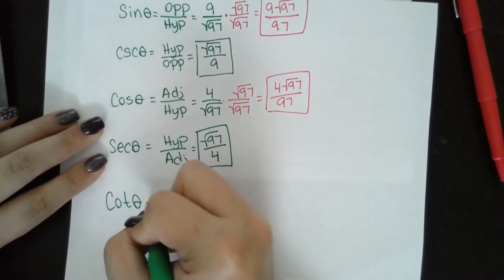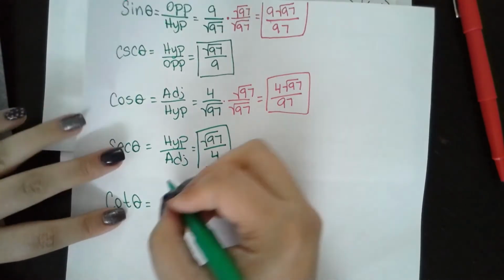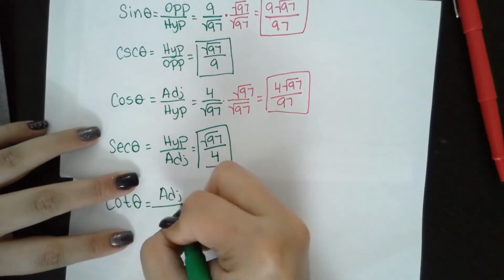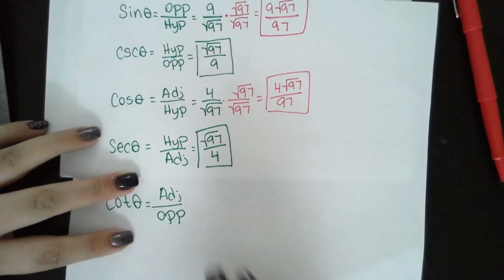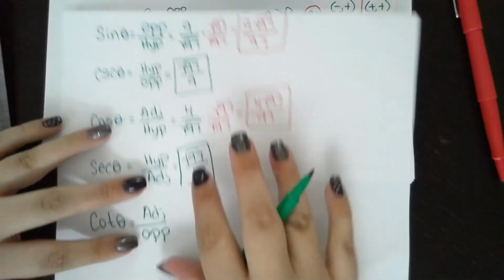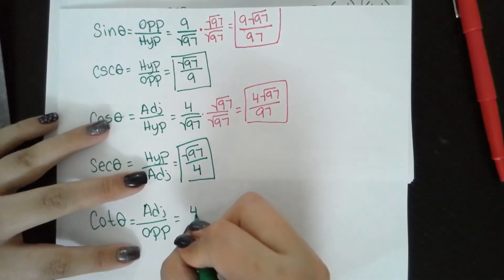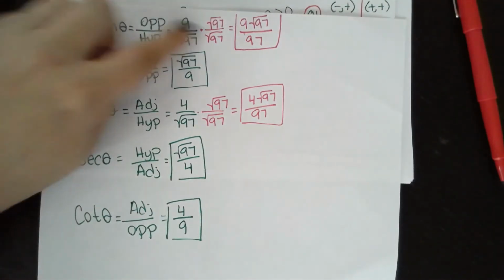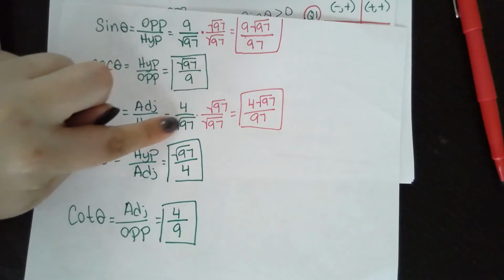Cotangent is the reciprocal of tangent, so that's going to be the adjacent side over the opposite side. The adjacent side is 4, opposite is 9, so this one is going to be 4 over 9, and that's my final answer. So these are the 5 answers I'm looking for.